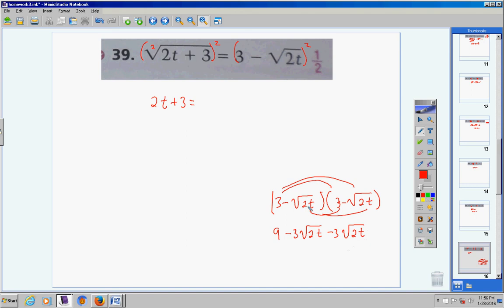Now a negative square root of 2t times a negative square root of 2t. This times this. Well, look, negative times a negative is positive. And anytime you have the exact same square roots being multiplied, you end up with the radicand, the square root of 2t.